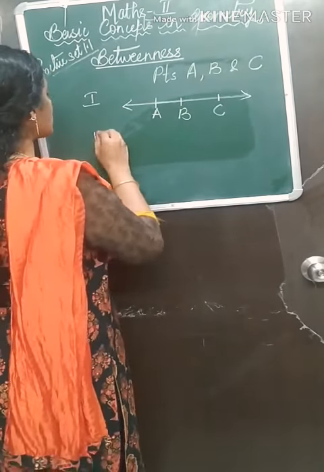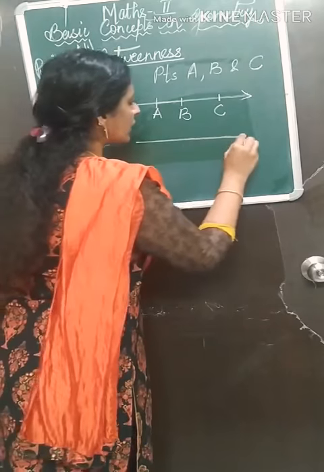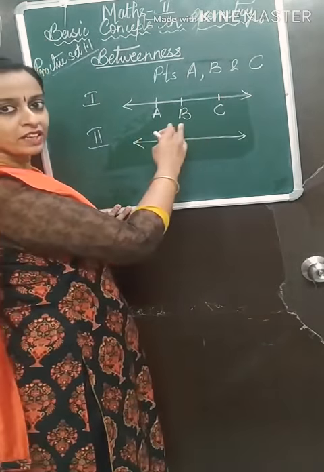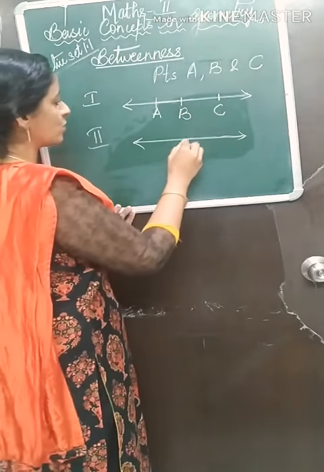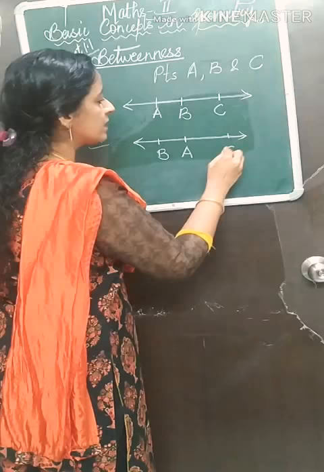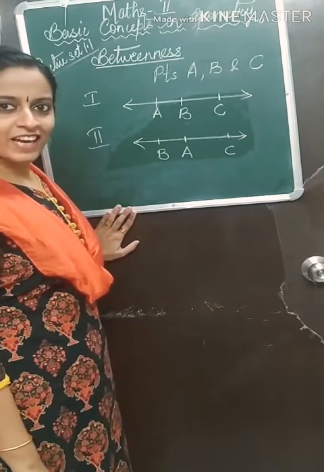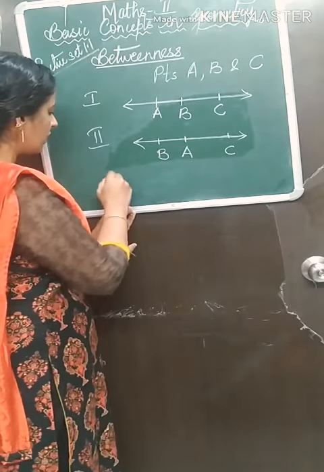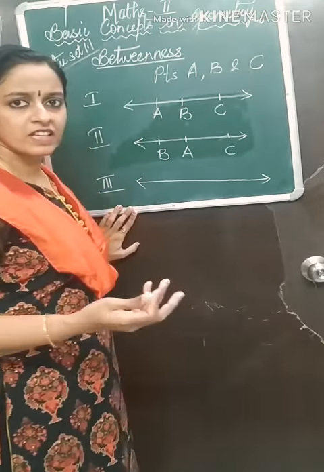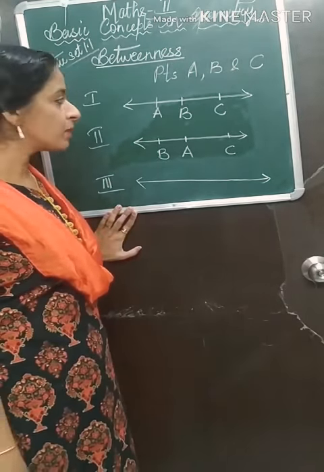There will be a second possibility also. Now in the second case, we will put A in between B and C. So let A be between B and C. Now we have the third possibility.